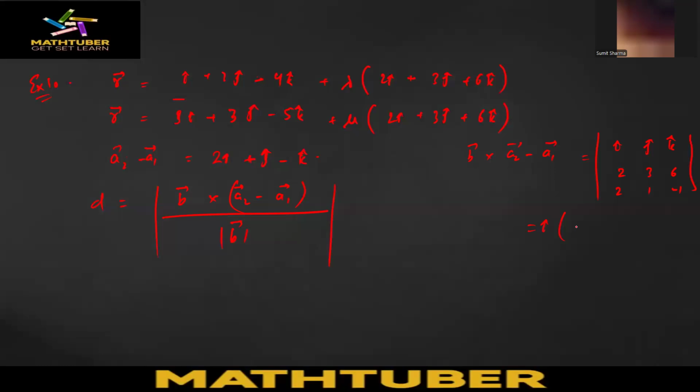This is minus 3 minus 6 i, minus j, minus 2 minus 12, plus k, 2 minus 6, so minus 9i cap, plus 14j cap, and minus 4k cap.